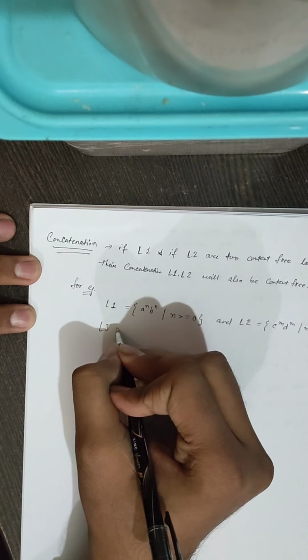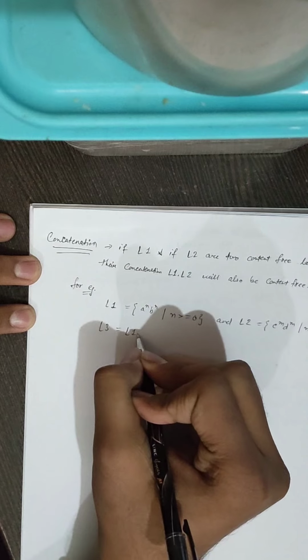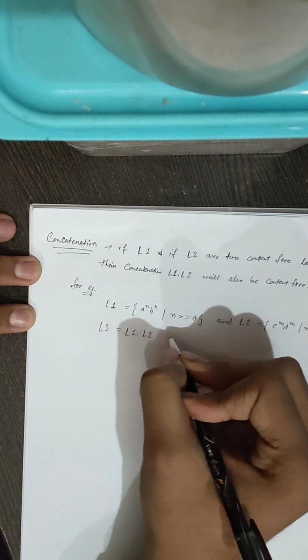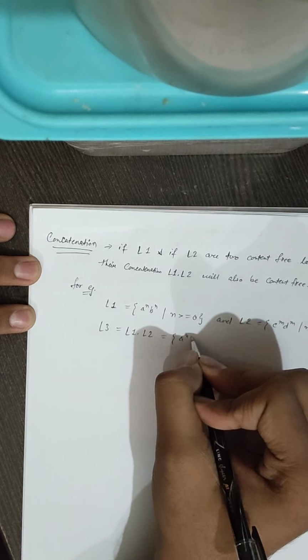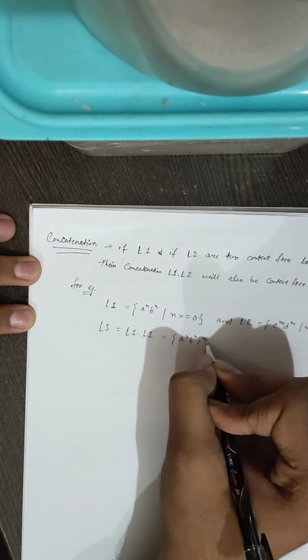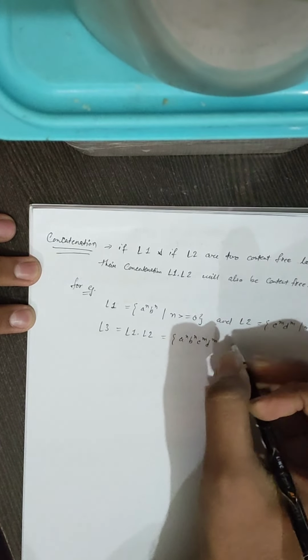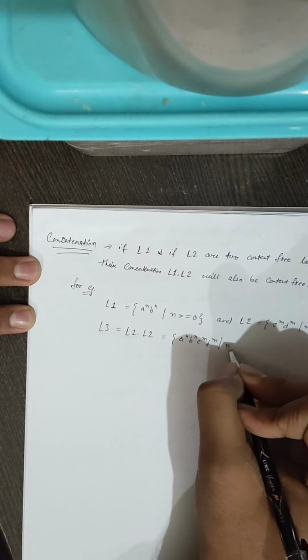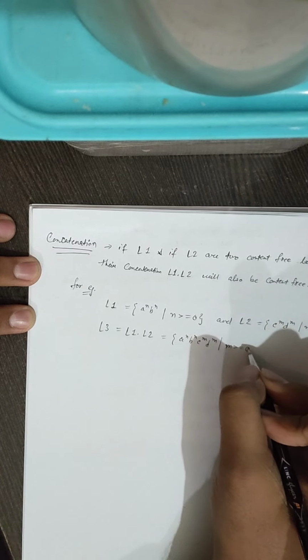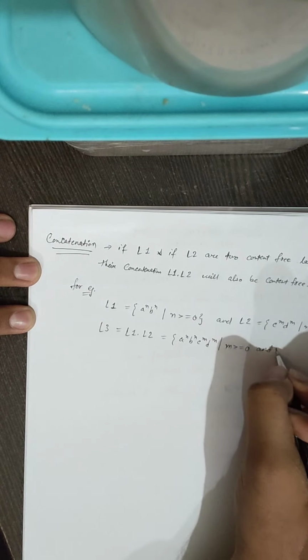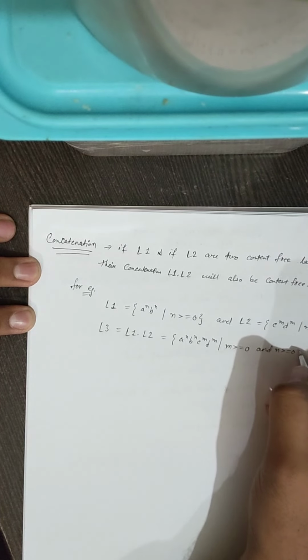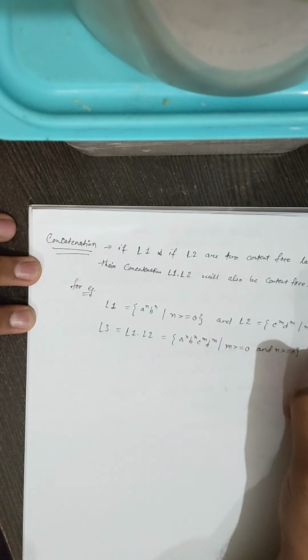Then L3 is equal to L1 dot L2 is equal to a^n b^n c^m d^m. This is the concatenation of L1 and L2, and it is also context free.